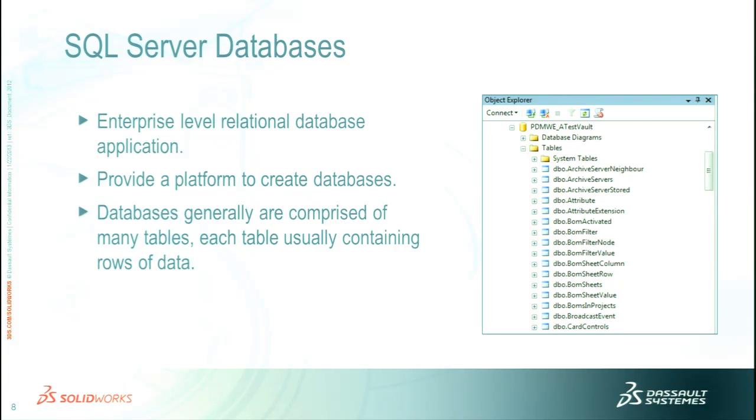When you go into the Management Studio of SQL, you're going to see all these tables pop up, and the names of the tables usually describe what type of information is stored in them. The first tables are archive server information, and I don't know how many tables there are, but there are tons of them.